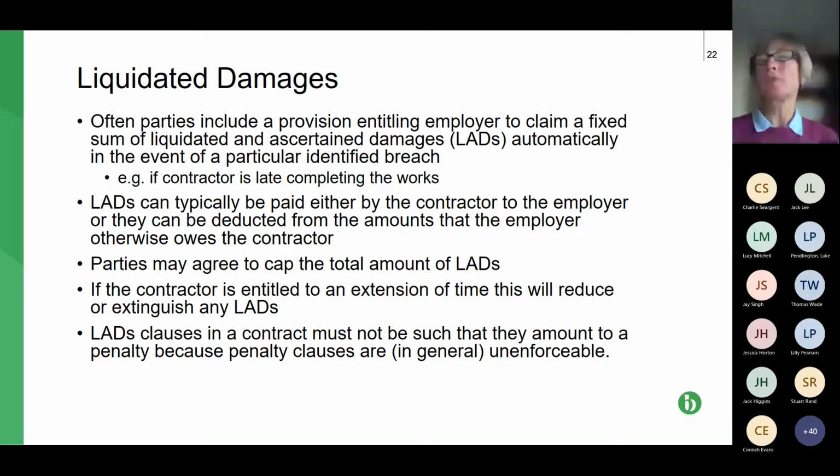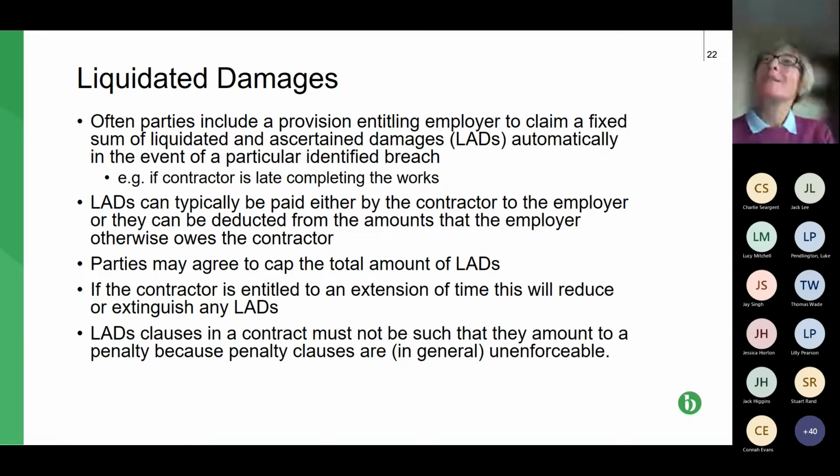If the contractor is required to complete by a certain date and doesn't, then the first point is they're in breach of contract, assuming they're not entitled to an extension of time. The paying party, the employer, is then entitled to general damages, i.e. its losses in connection with that delay.